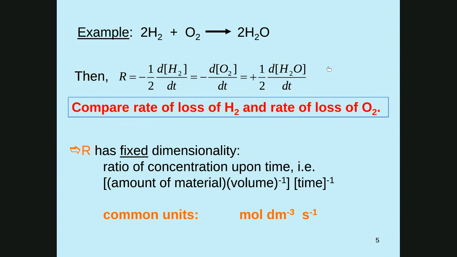Now, in terms of units, the rate of a reaction is always given the same unit because it is given as a rate of change of concentration. Concentration is in moles per liter, and time is in seconds or minutes, doesn't matter. But a rate of a reaction is always given in units of concentration upon time. So that could be mole per liter per second.